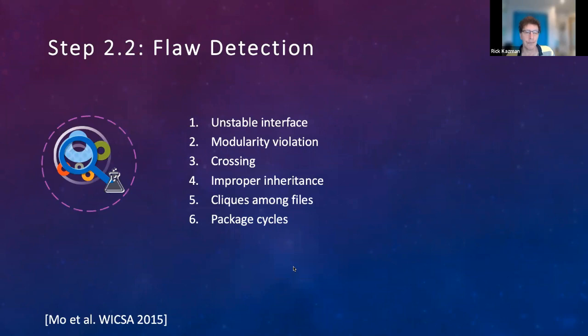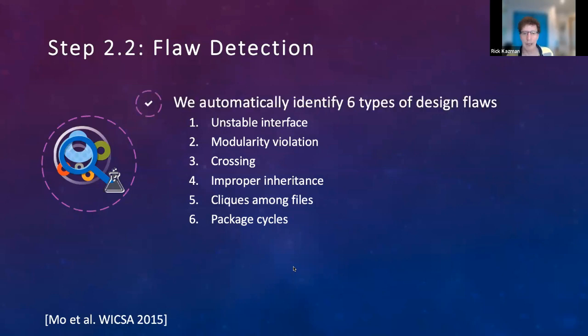The next kind of analysis that we do with DV8 is we identify architecture flaws, design flaws. And there are 6 kinds of design flaws that we can automatically identify: unstable interface, modularity violation, crossing, improper inheritance, clique, and package cycle.